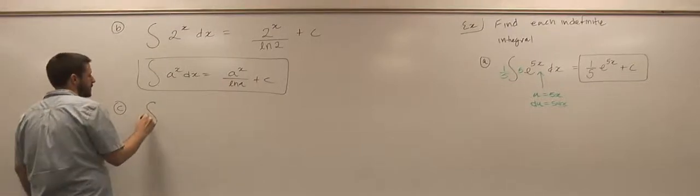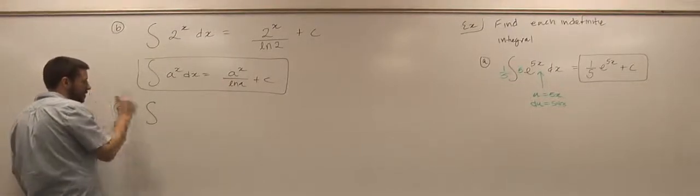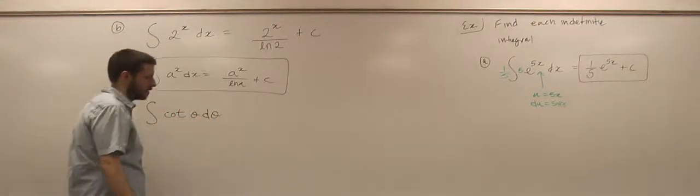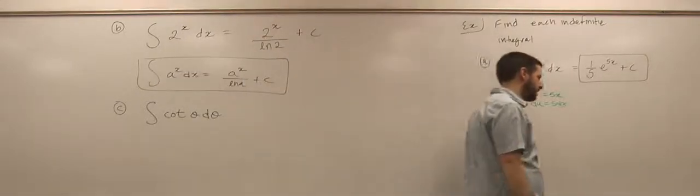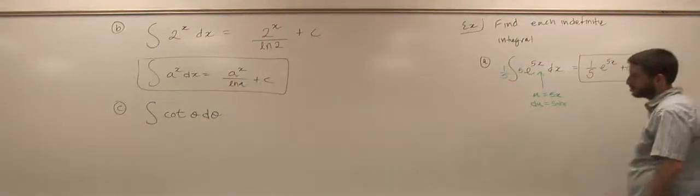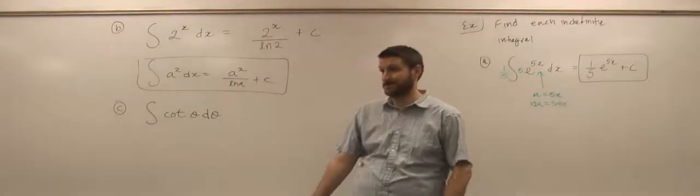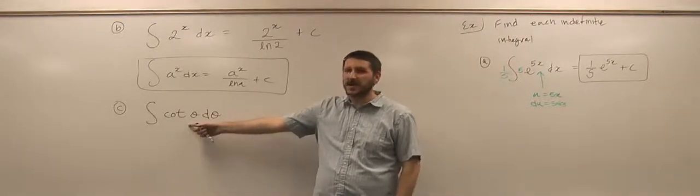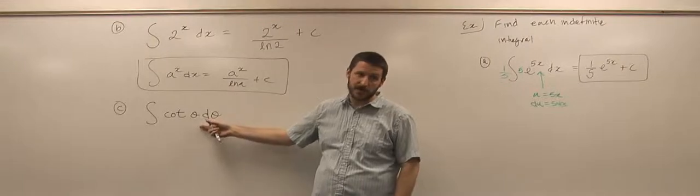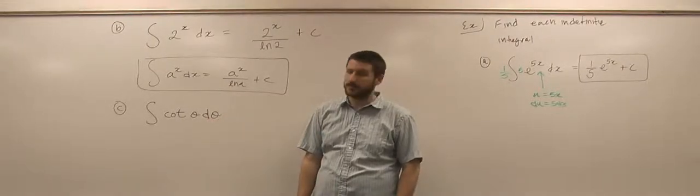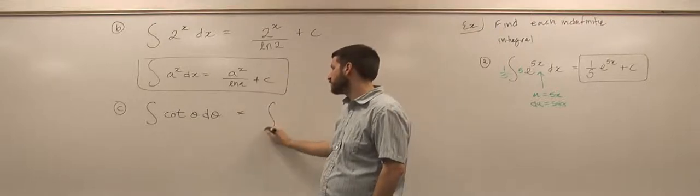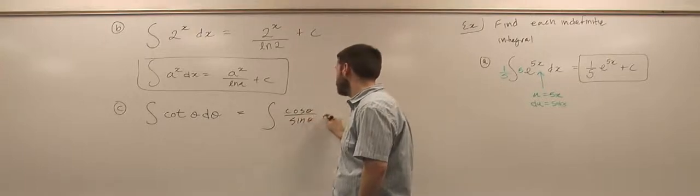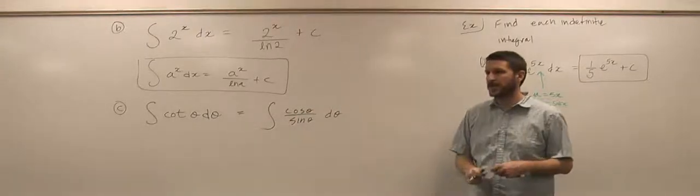This is kind of off topic, but I'm thinking of it and you should know it. The integral of cotangent theta d theta. Remember that one? It's ln of something. There's a formula for this, but if you don't remember it, do you know how to do this? What's cotangent equal to in terms of sine and cosine? Cosine theta over sine theta. Then can you find a u substitution?